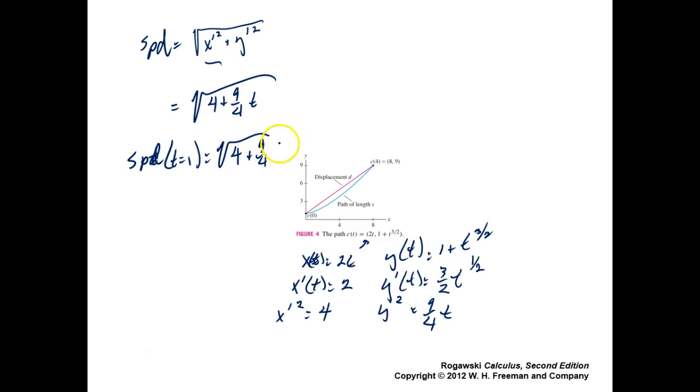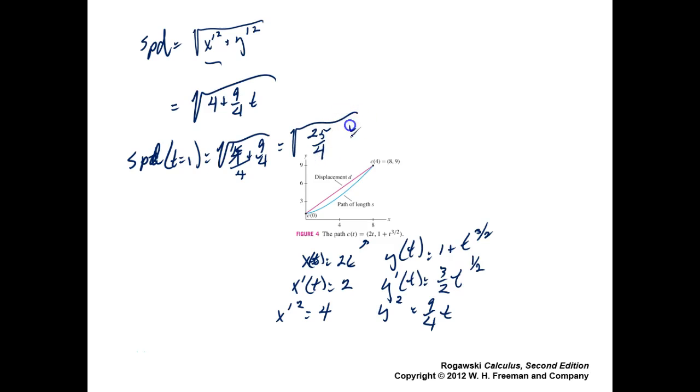Okay, let's see if we can clean that up a little bit. That would be the square root of, we need both of these in terms of fourths. What would that be? 16/4 plus 9/4 would be 25/4.